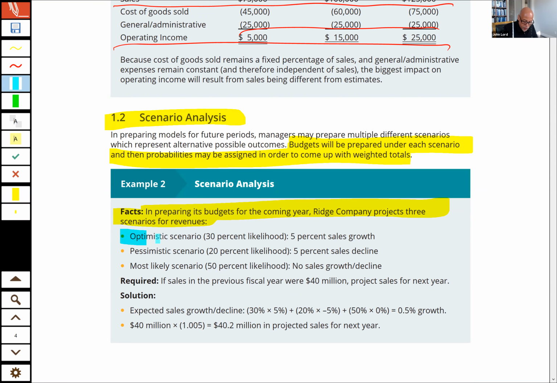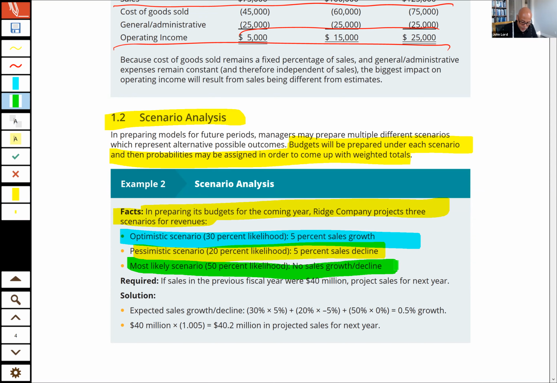So you take a look, optimistic, we're saying, hey, sales is going to grow 5%. Pessimistic is saying that sales will decline 5%. And then the most likely scenario is that there'll be no growth.